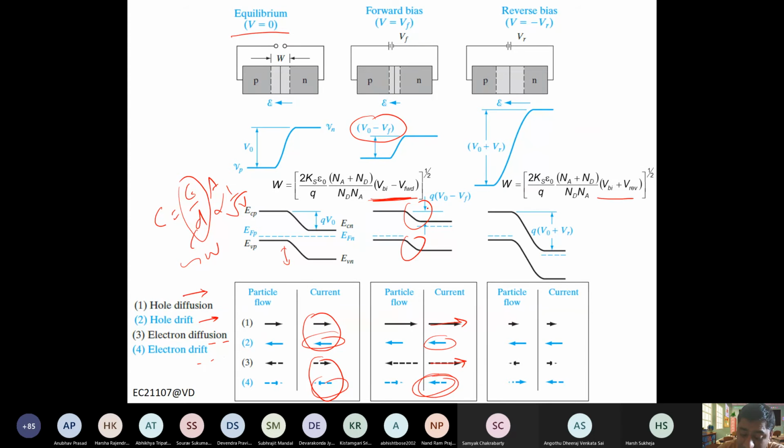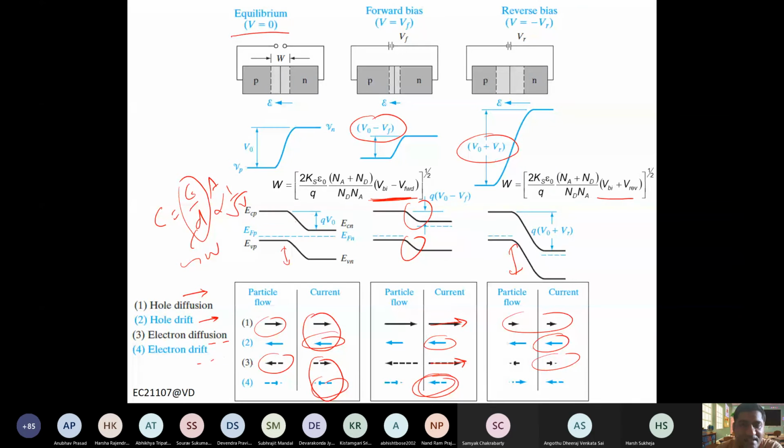In reverse bias, what will happen? Your potential barrier has increased. Now this barrier is again the same for electrons and holes. That means your diffusion has decreased, right? Both electron and hole diffusion currents have decreased. Now drift remains the same, right? So in case of reverse bias, it will be only the drift current, which is exactly equal to the diffusion current under zero bias, under equilibrium, right?